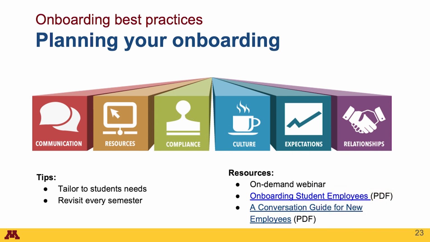This onboarding framework outlines 6 key elements in every onboarding plan: communication, resources, compliance, culture, expectations, and relationships. Instead of a one-size-fits-all approach, you can tailor your plan to the new student employee based on the responsibilities of their role, their academic needs and interests, which is unique to student supervisors and can help with career readiness, which we'll talk about a little bit later, and their current familiarity with the university.